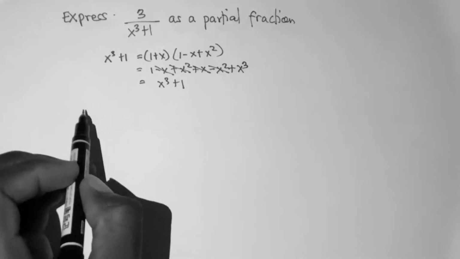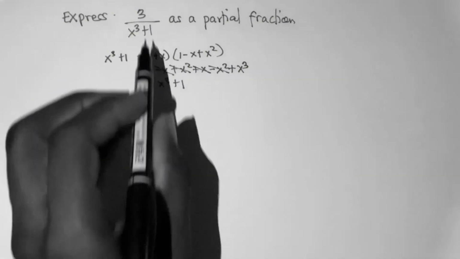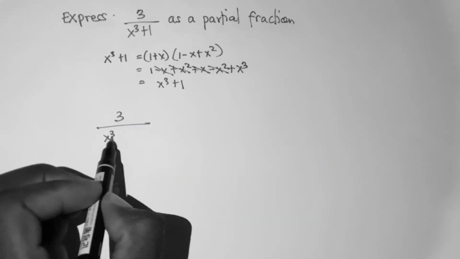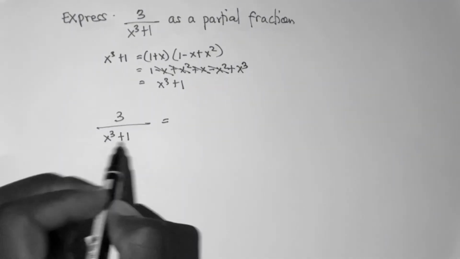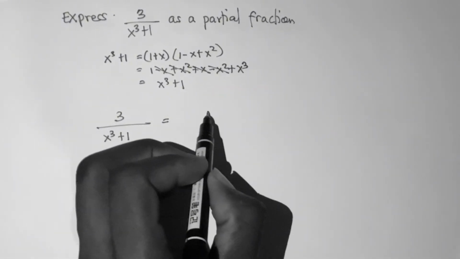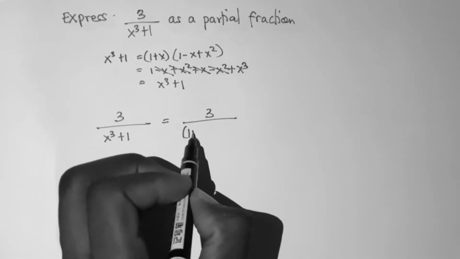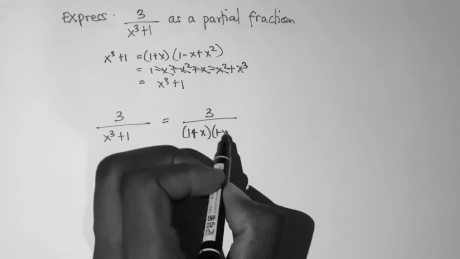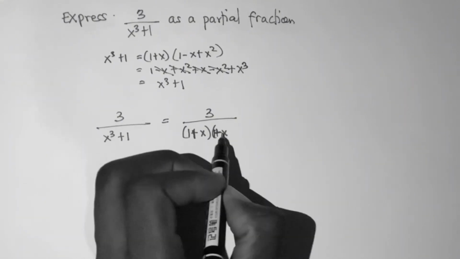So now, because x cubed plus 1 can be expressed as this, this rational function 3 divided by x cubed plus 1 is now equal to 3 divided by (1 plus x) times (1 minus x plus x squared).